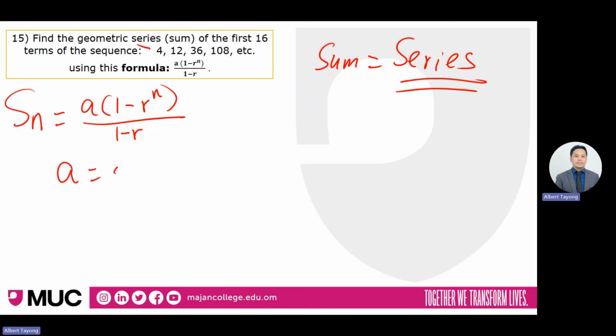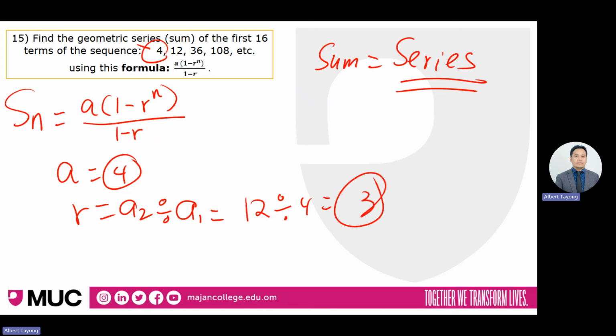So A is 4, very simple, the first term, and our R again is the second divided by the first. That is 12 by 4 is equal to 3. Our second is 12, our first is 4.